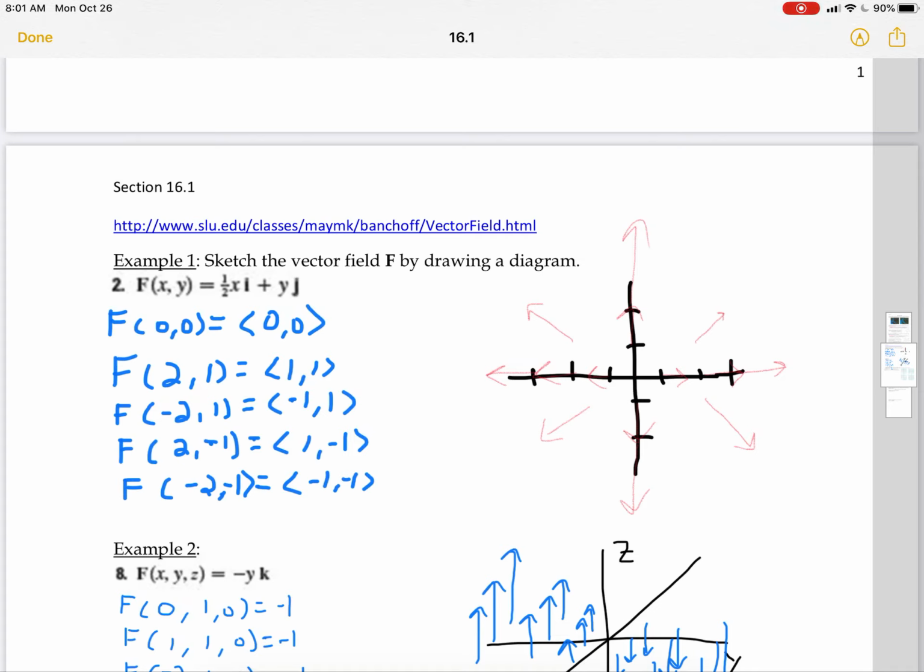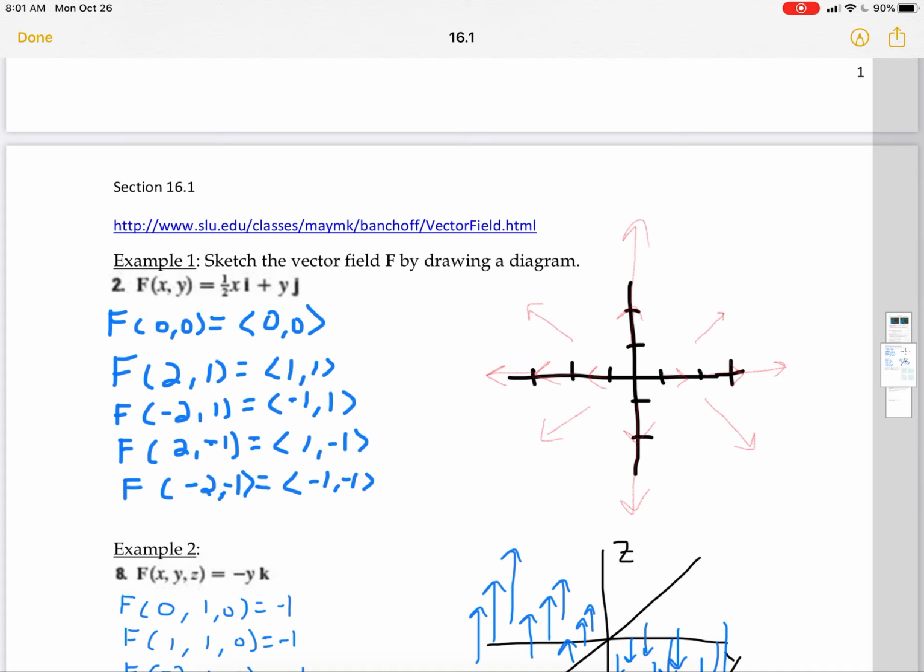And what I get is pretty much just my vectors going up 1 to the left 1, down 1 to the left 1, depending on what value I get for those. And so I end up with this vector field.